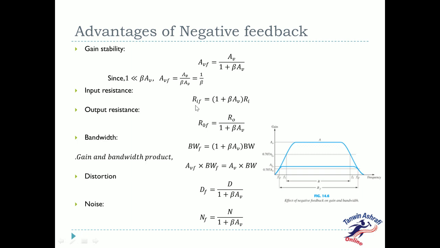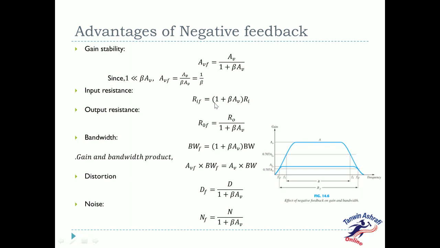Input resistance. Negative feedback alters the original value of the input resistance of the amplifier. The input resistance is increased whenever the feedback is in series with the input signal. It does not matter whether we employ voltage or current feedback.